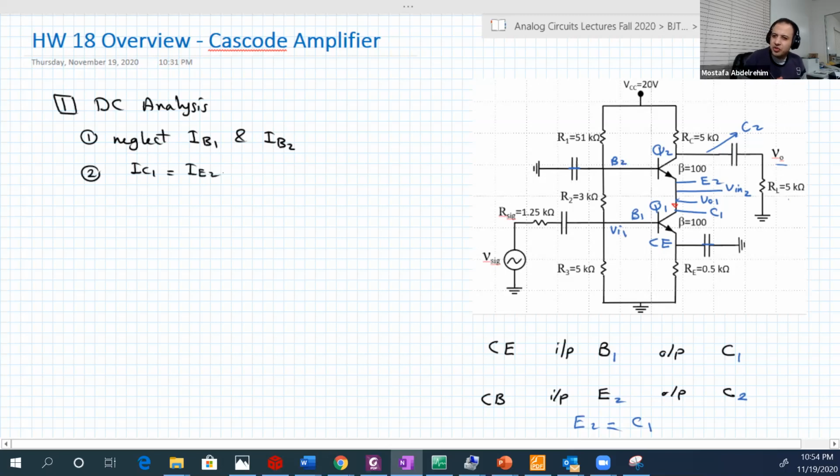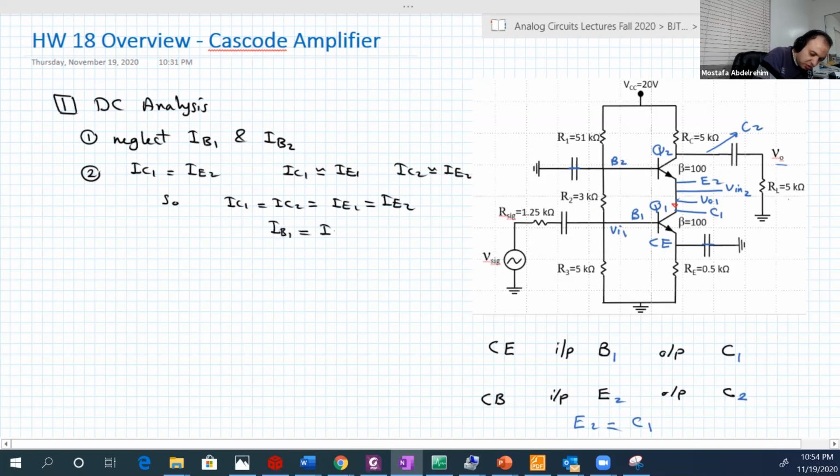We usually use beta very high. So IC1 is approximately equal to IE1, and IC2 approximately equal to IE2. Based on that, IC1 equals IC2 equals IE1 equals IE2. So definitely I base 1 equals I base 2.